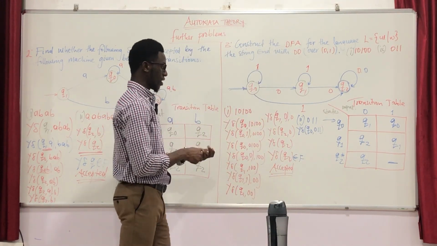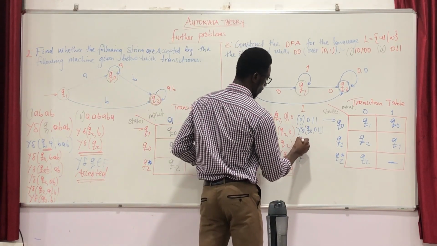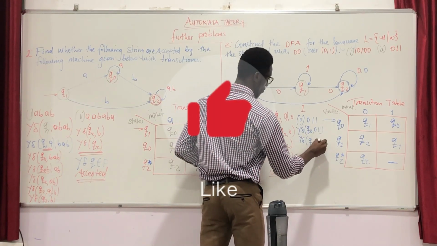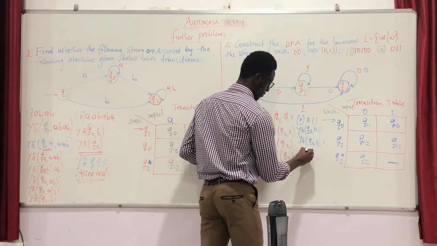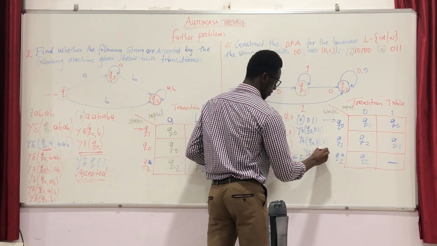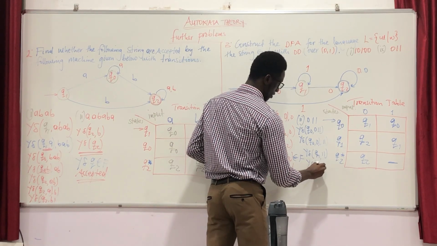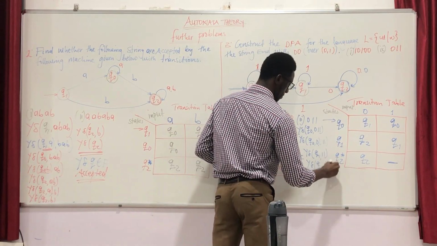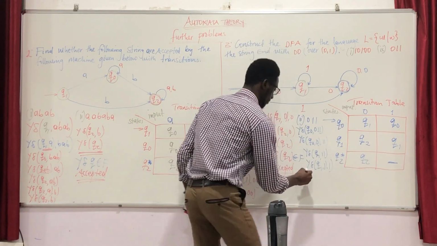Q0 on 0 is Q1. So this is Q1, comma, 11. Then Q1 on 1 is Q1.